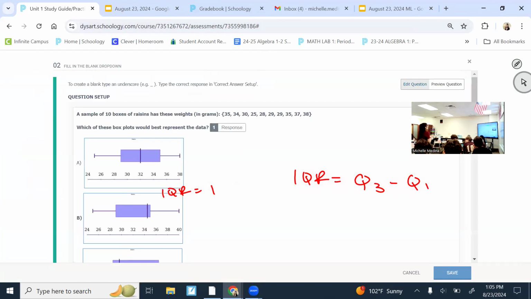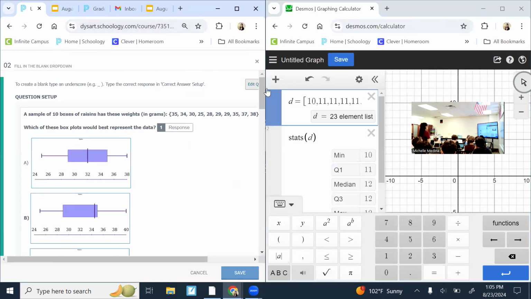So a sample of 10 boxes of raisins has these weights, and we are making a box plot. I showed you how to make a box plot by hand, but I would recommend for this one, use Desmos, use the stats button, because then it'll give you the 5 numbers you need to make a box plot.